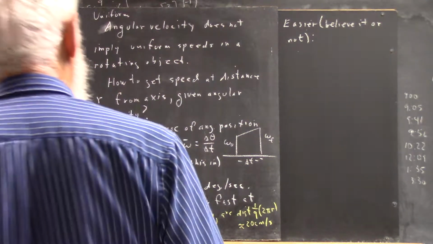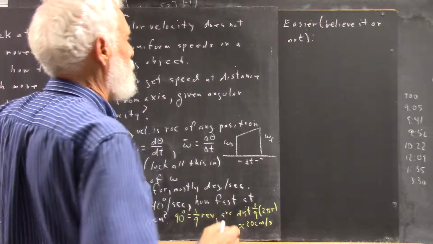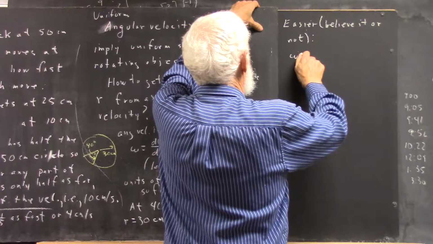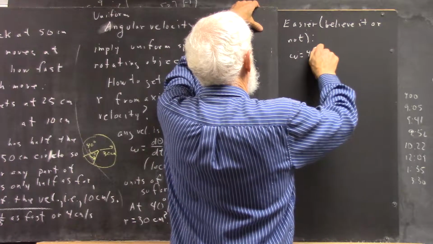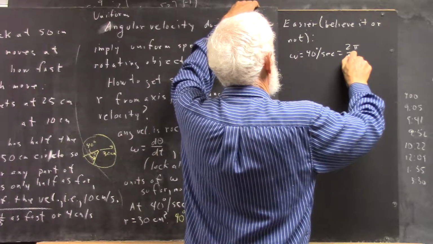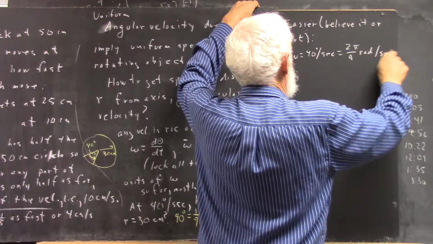It's much easier if you see that, well, omega equals 40 degrees per second equals 2 pi over 9 radians per second.